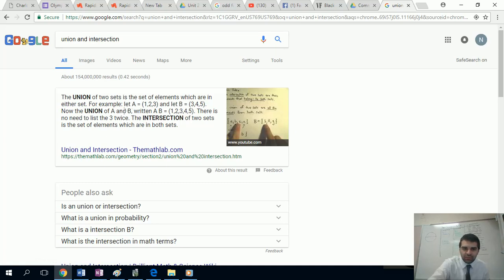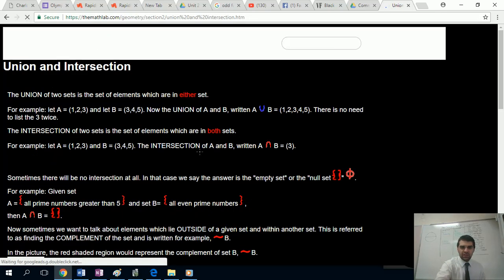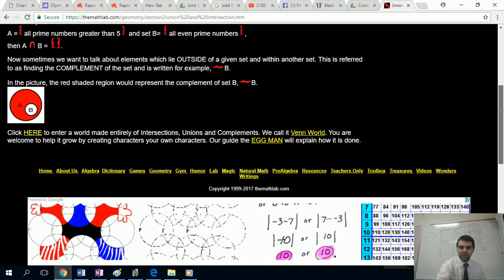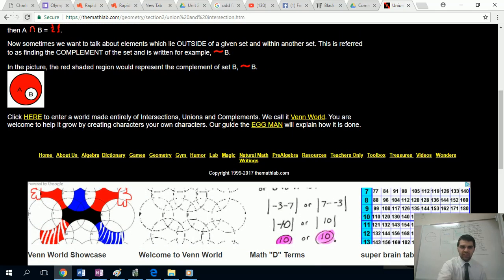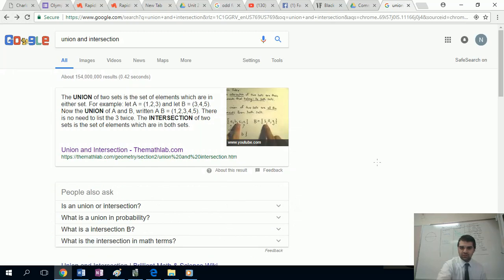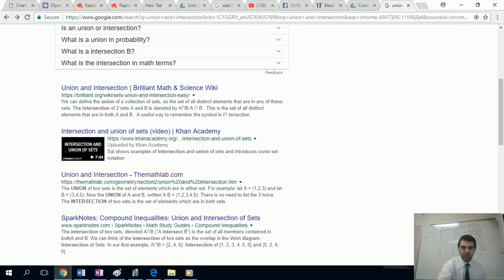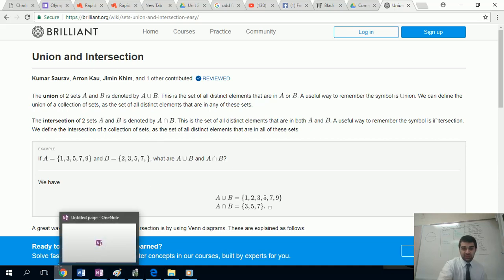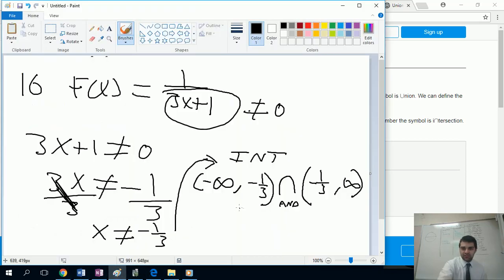So if you look for union and intersection, so union is A or B. Okay, so let's change that.